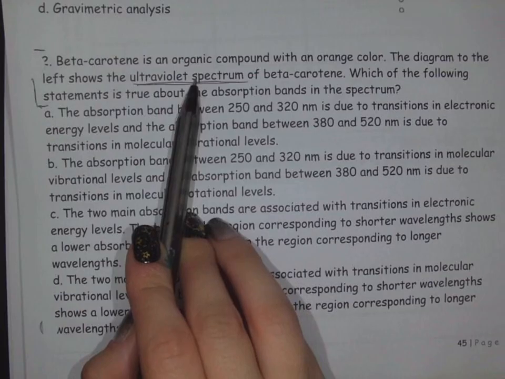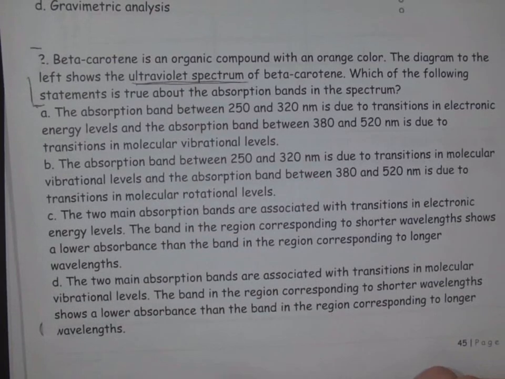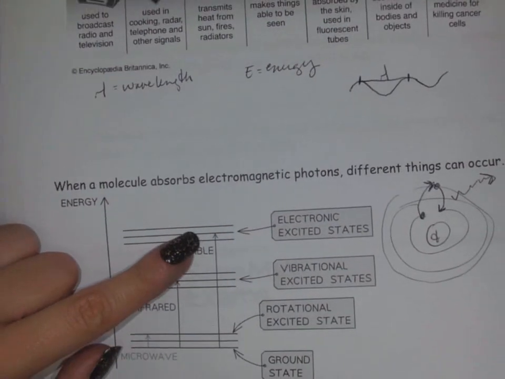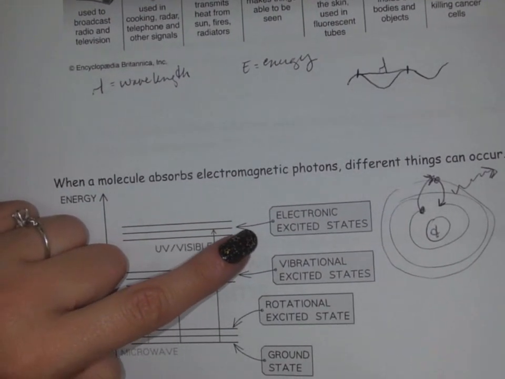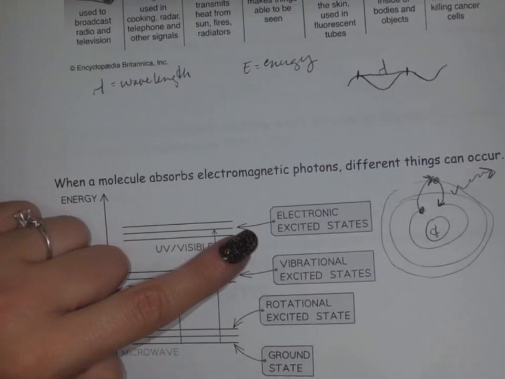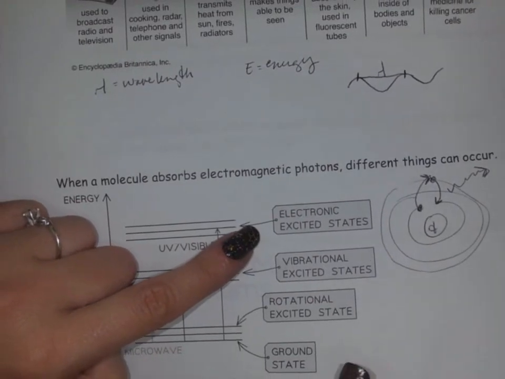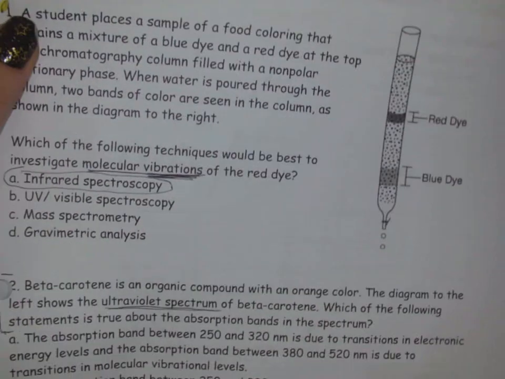Guess what? We don't need that diagram to the left because it's told us ultraviolet spectrum. So, what's ultraviolet? Electron transitions/bonds breaking. So they could mention electron state transitions, or they could be talking about breaking bonds. So let's see what we got going on here.